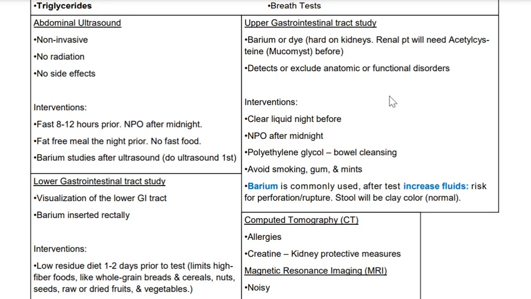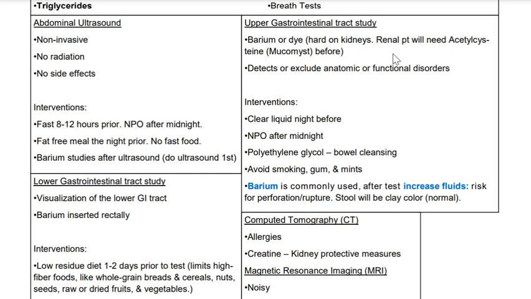Now, let's say, I ordered a lot of these upper GI studies, and what they can look at is, they usually have the patient do a barium swallow or barium drink, and or dye, depends on what they're doing. Remember, it's hard on the kidneys.